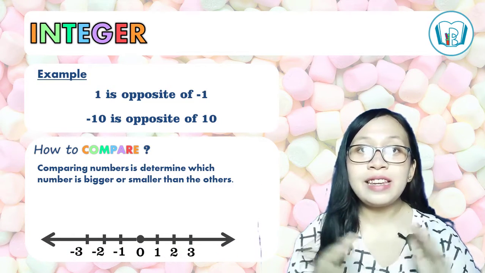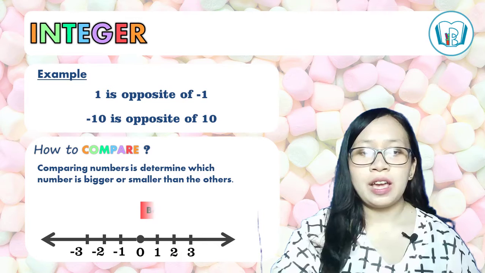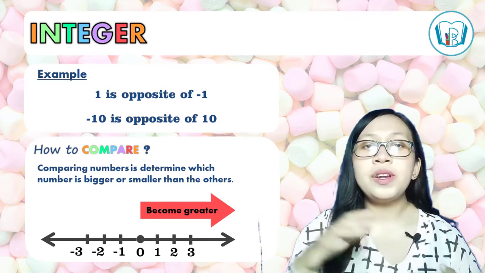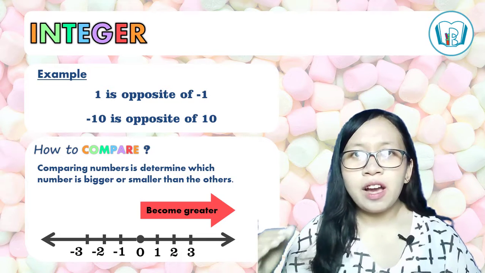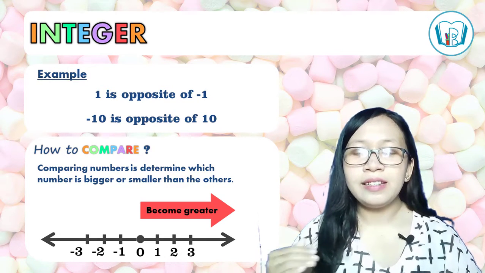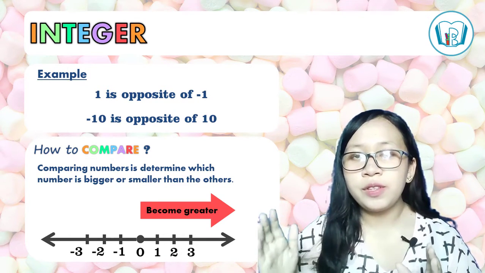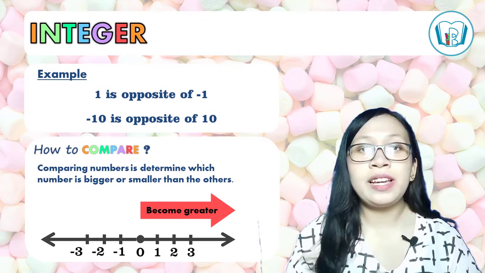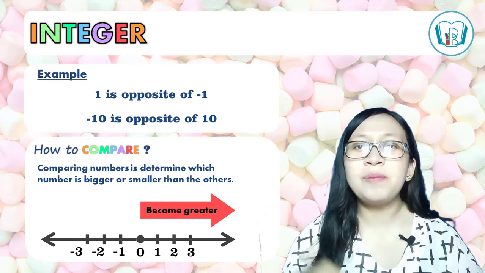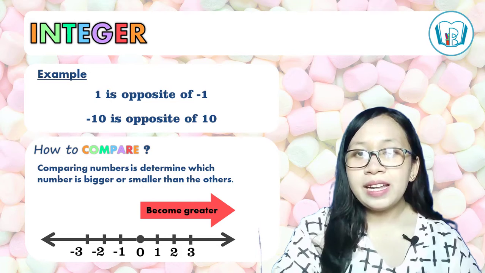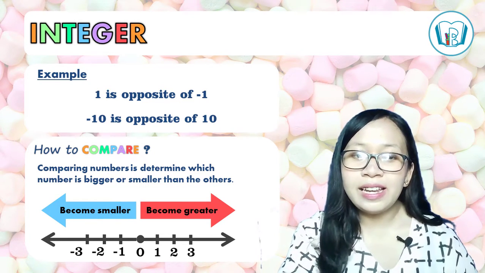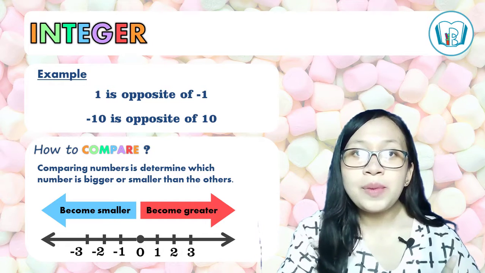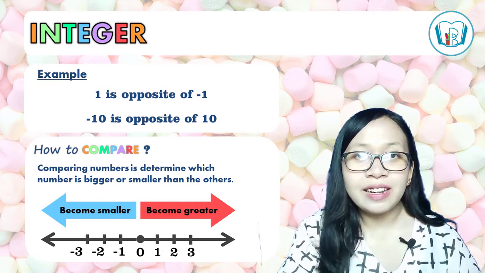Okay, if you can see the number line, if the number is positive or on the right of the number line, it means it becomes greater or bigger. But if the number is on the left side of the number line, it means the number becomes smaller.